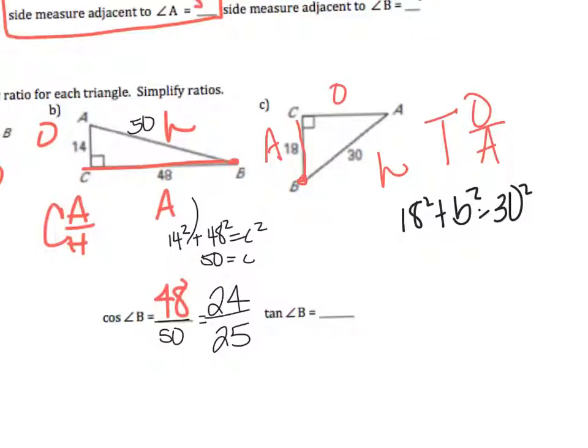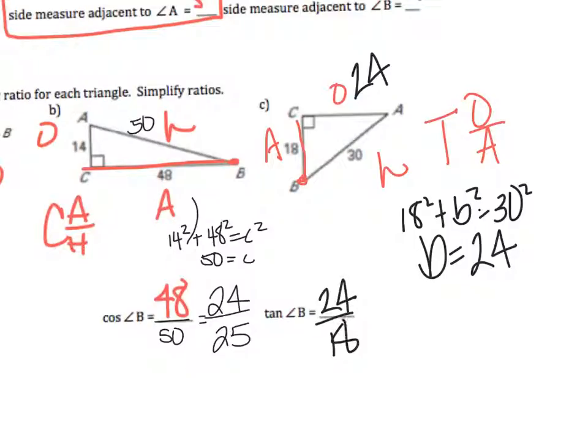So again, I'll do this real quick. 30 squared minus 18 squared. Missing side is 24. So tangent is 24 over 18, and that's going to reduce down to 4/3.